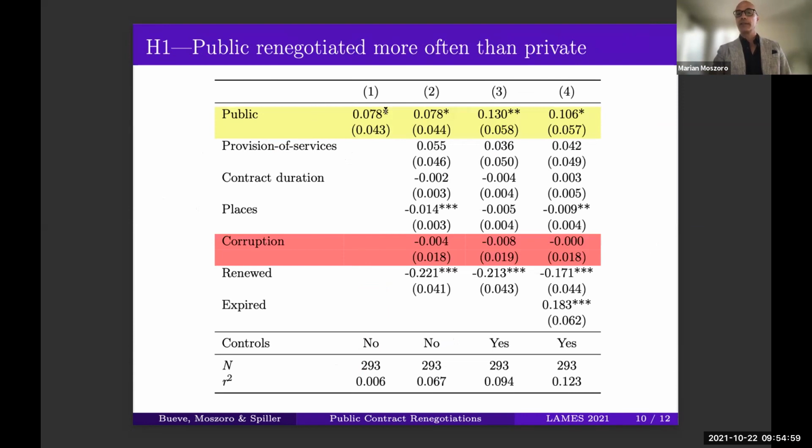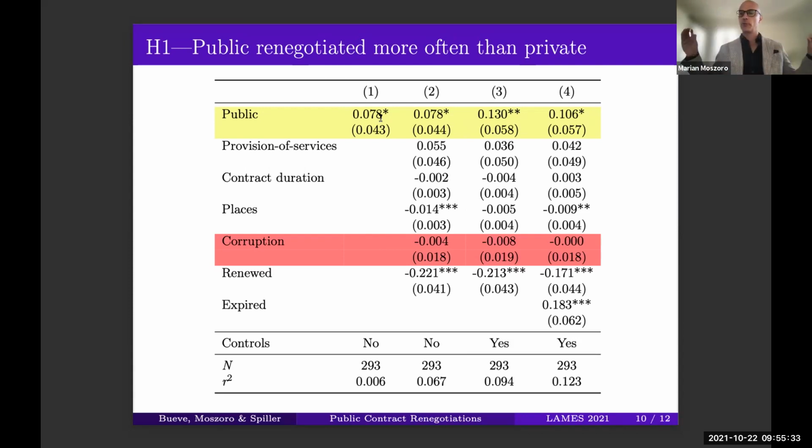And we find that public contracts, indeed, are renegotiated between 8% and 11% more often than private contracts, 13% in some specifications. Note that corruption is not statistically significant. It doesn't have an effect on renegotiation rates. So the renegotiation rate of public contracts, in comparison to private, is mostly driven by being in the public sector.